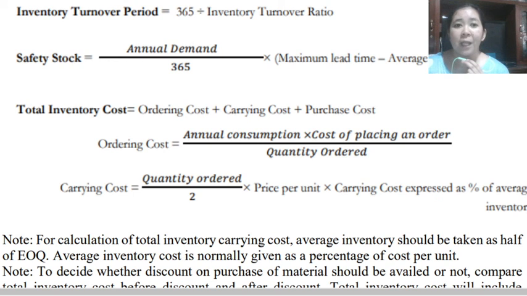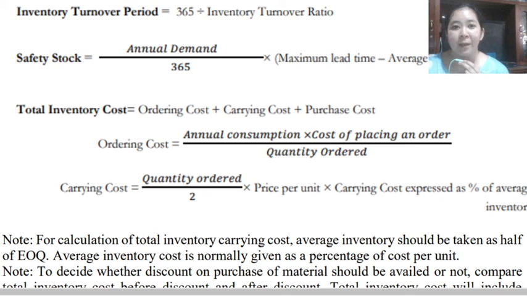For the total inventory cost, we mentioned this a while ago in our EOQ. This consists of your ordering cost plus carrying cost plus the purchase cost. Ordering cost is the annual consumption times the cost of placing the order divided by the quantity ordered.